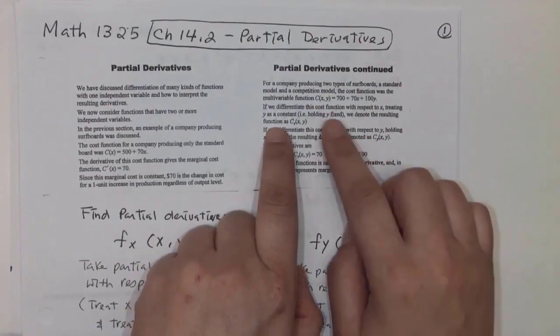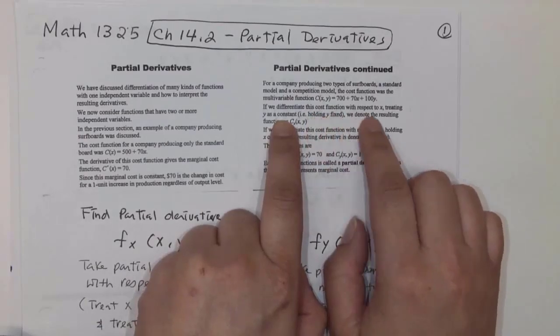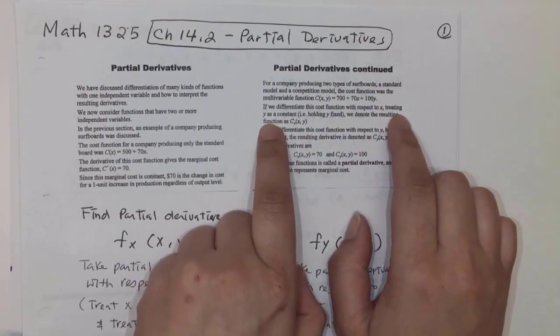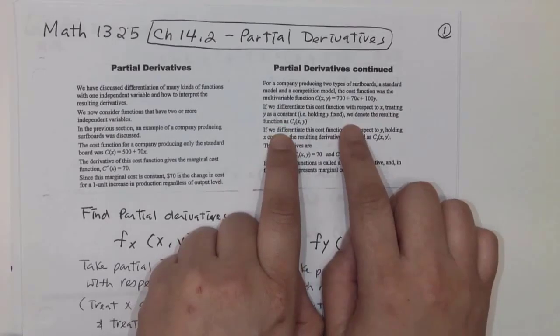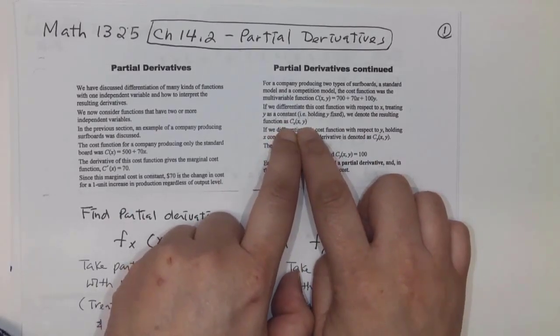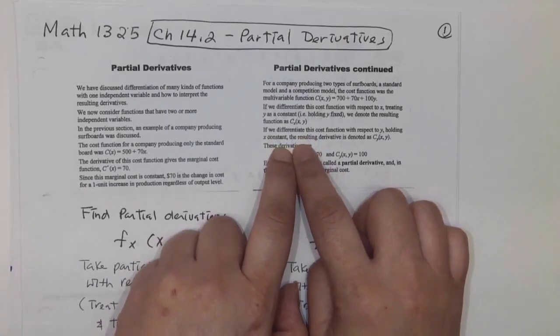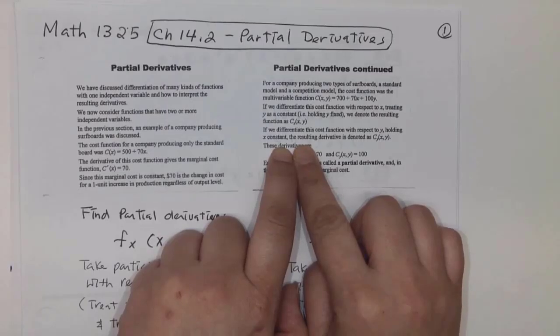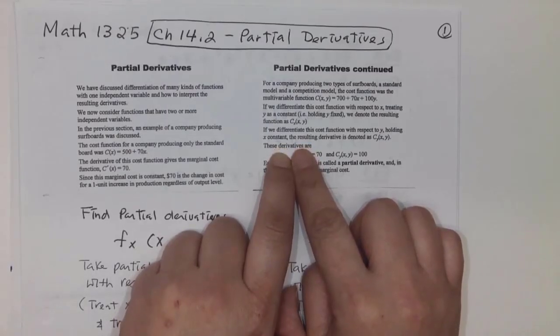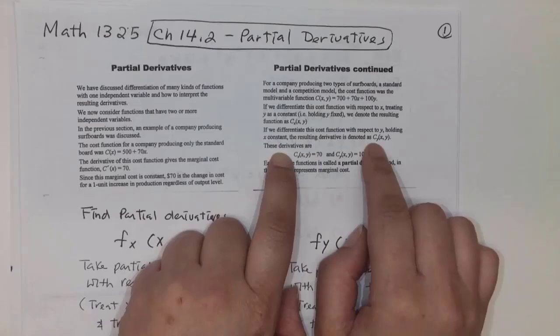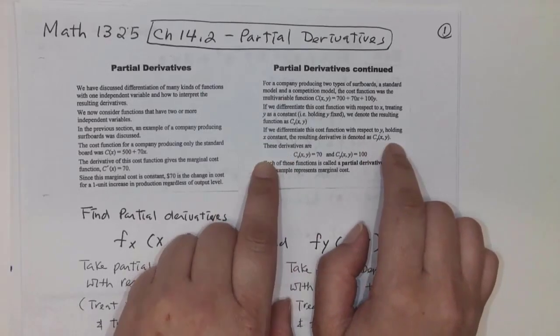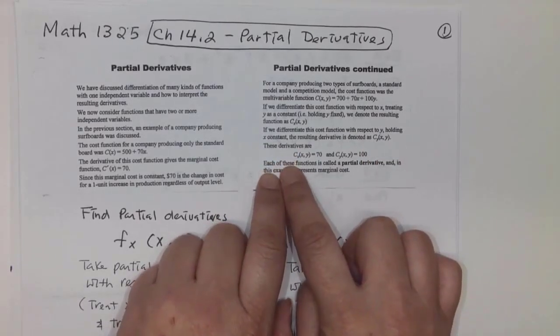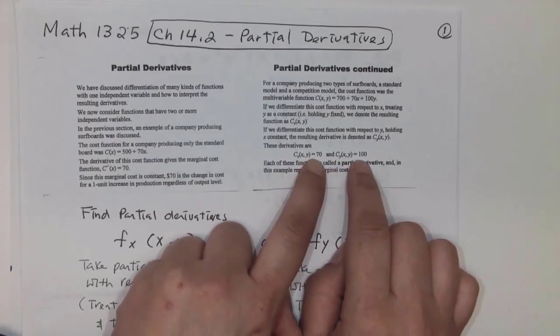If we take the derivative of the cost function with respect to x, treating y as a constant, then we write this notation, C with the subscript x. If we take the derivative of the cost function with respect to y, holding x as constant, the result is denoted C with the subscript y. These derivatives are as follows.